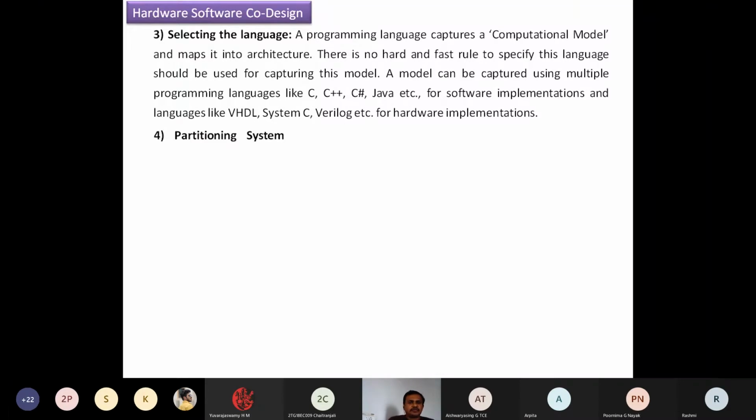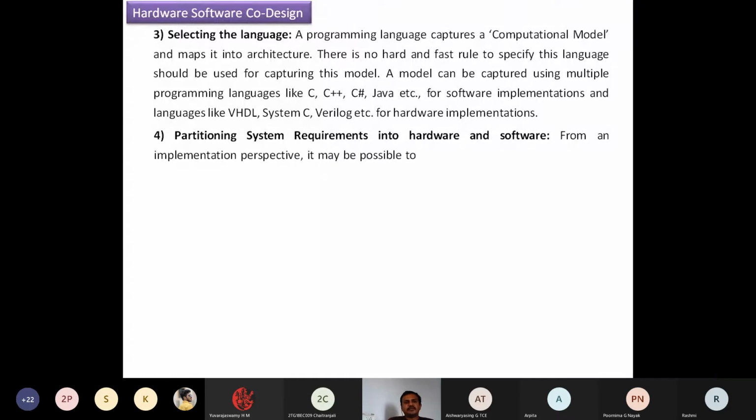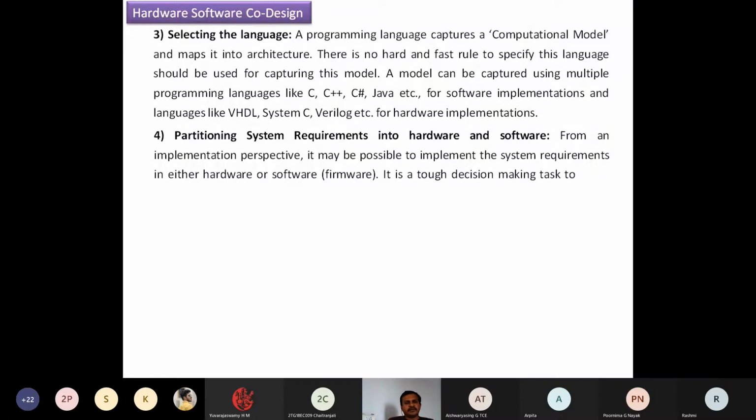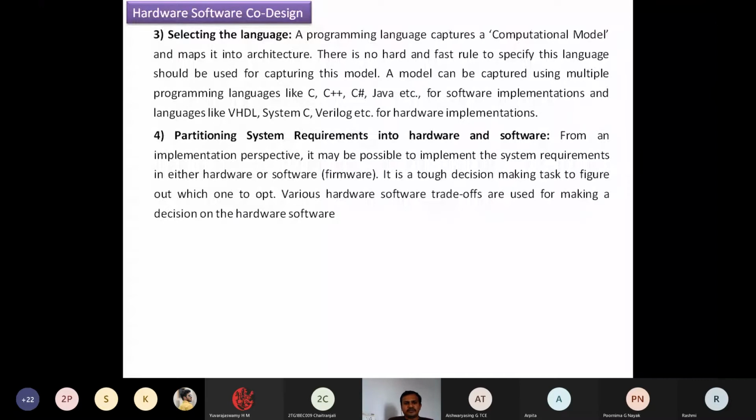So these are the problem statements. The next problem statement is about partitioning system requirements into hardware and software. From an implementation perspective, it may be possible to implement the system requirements in either hardware or software. So it is a tough decision making task to figure out which one to opt.